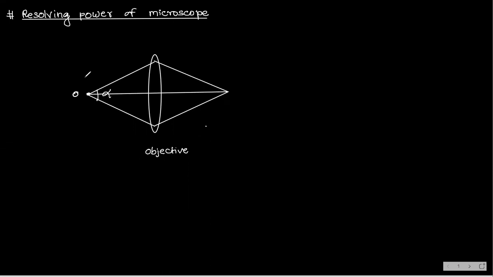Now another point object I am keeping here, that is O dash, and let us suppose this distance is how much? Xm. Okay, this distance is what? Xm. This is point m and this is n.